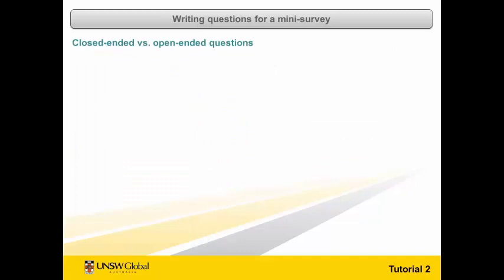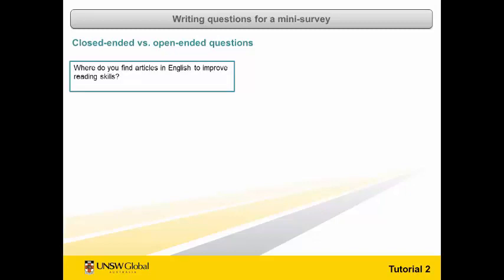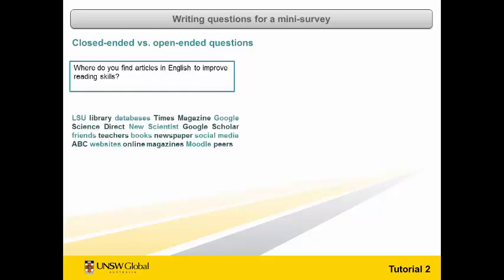So when you're designing a question, it's good to think about whether it should be close-ended or open-ended. So again, let's have a look at another example. Where do you find articles in English to improve reading skills? For this question, we could have an infinite number of answers. So this is considered an open-ended question, and these are usually difficult to analyze and convert into a graph or chart.